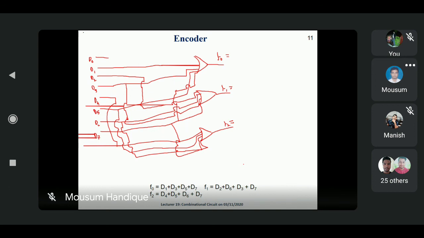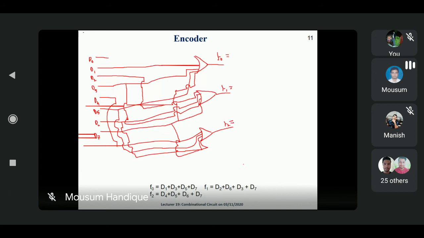Today we discussed different things: how we build a 16-bit adder using 4-bit adders, the time delay of CLA and ripple carry adders, and the formula to find the time delay of the CLA and ripple carry adder. We also discussed encoder and decoder.